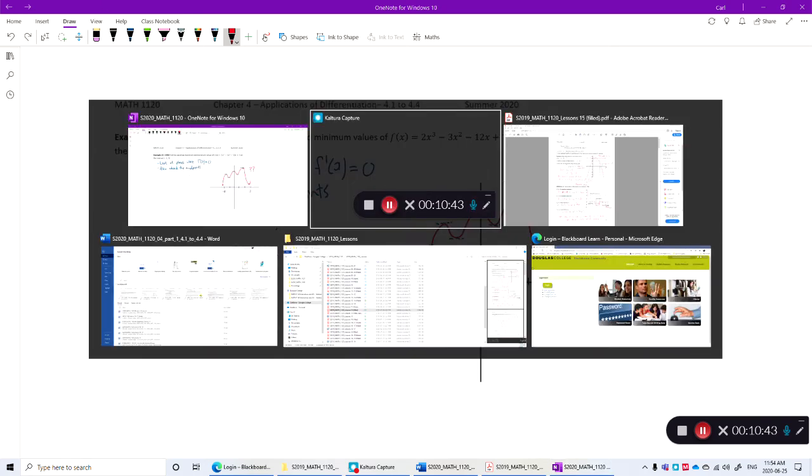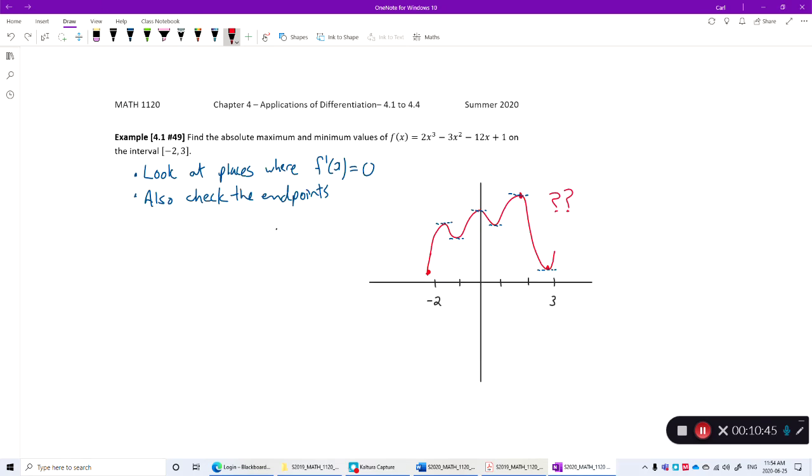So let's take the derivative. So first, let's call that 1 and 2. So first, we're going to find f prime of x. And let me just write f of x again here. So f of x is 2x cubed minus 3x squared minus 12x plus 1.